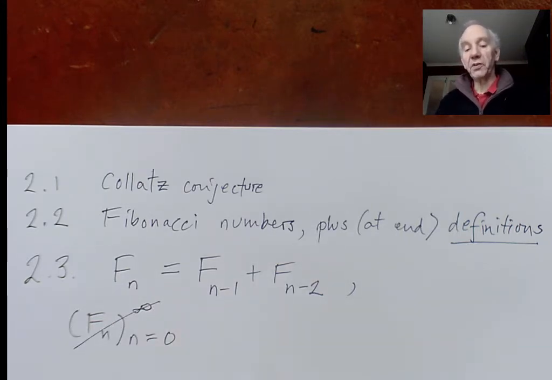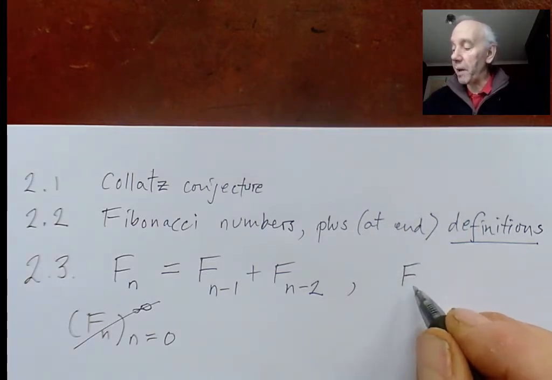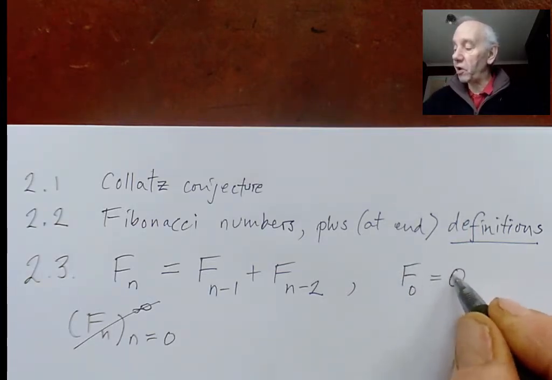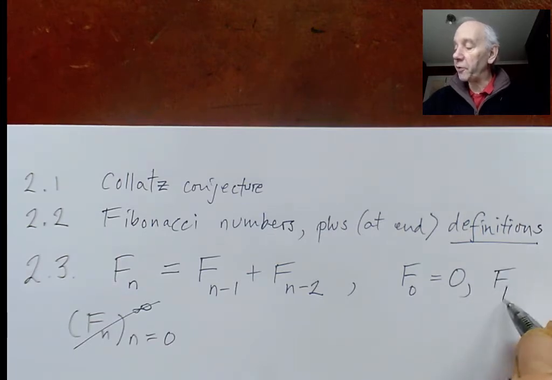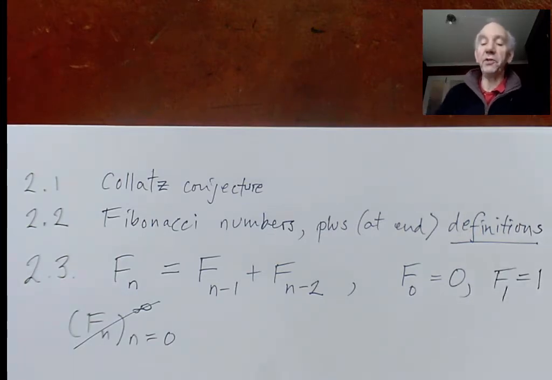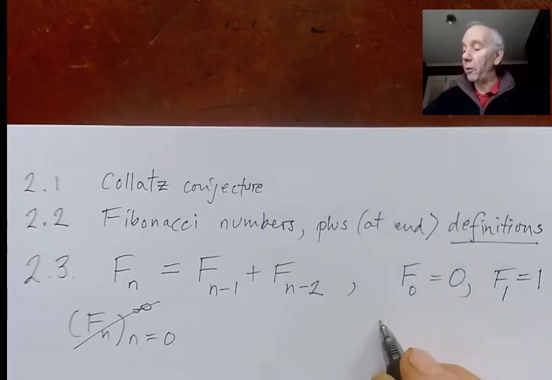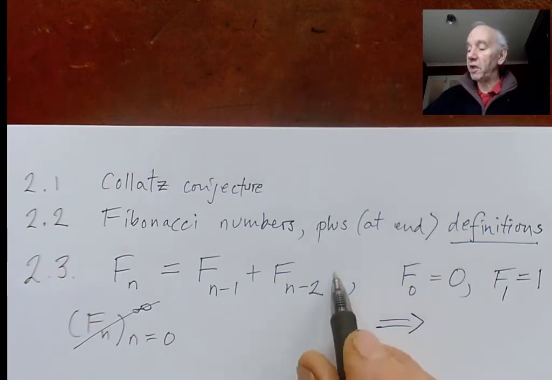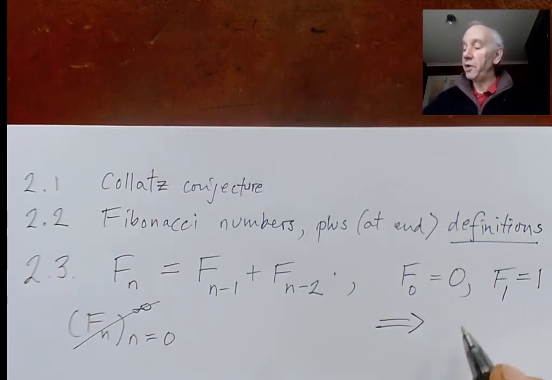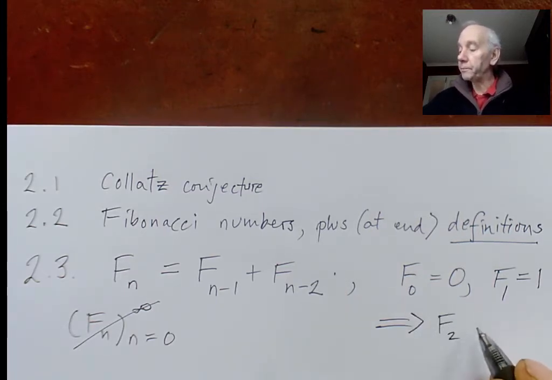But the important thing is we do normally assign a value to F0, and it's quite easy to remember what F0 is. It's equal to 0, whereas F1 is defined to equal 1. And we need those initial values in order to specify uniquely the Fibonacci numbers. Then, for example, that will tell us using the recurrence relation that F2 is equal to 1 as well.